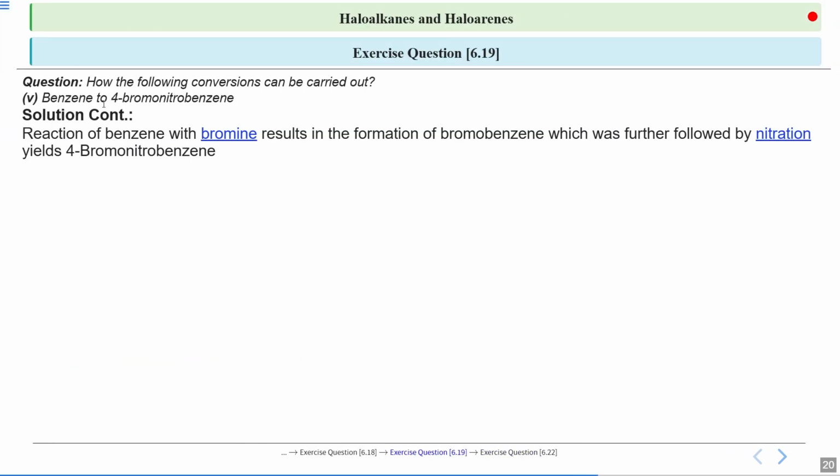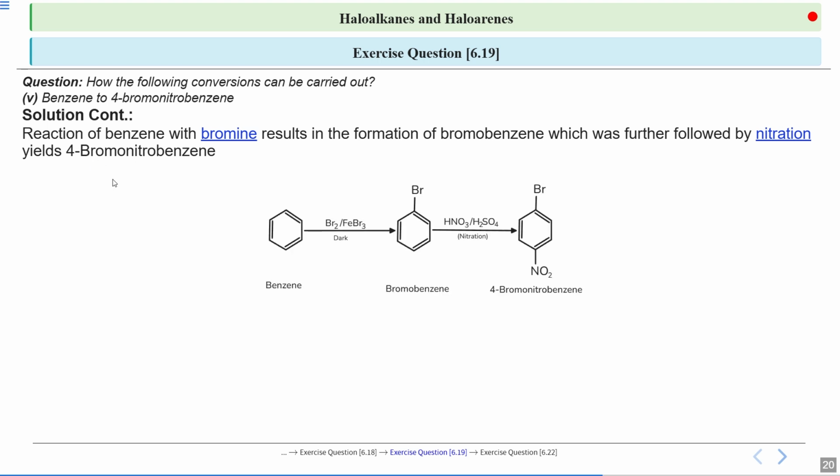Now let's see the fifth conversion, benzene to 4-bromo-nitrobenzene. Now the reaction of benzene with bromine results in the formation of bromobenzene, which is further followed by nitration, and it will yield 4-bromo-nitrobenzene. So this is your benzene. You do the halogenation of this with a bromine molecule in the presence of FeBr3 in dark conditions.